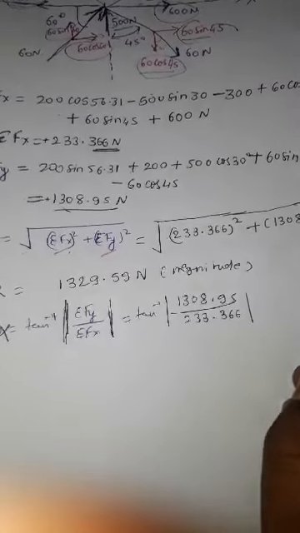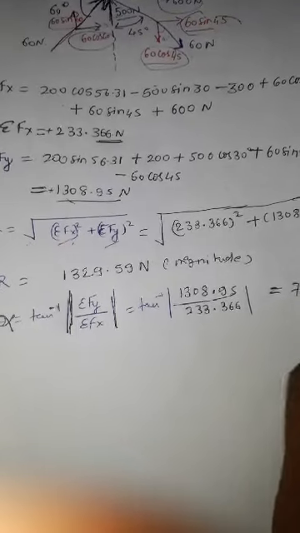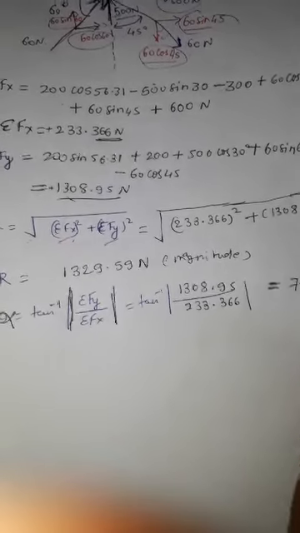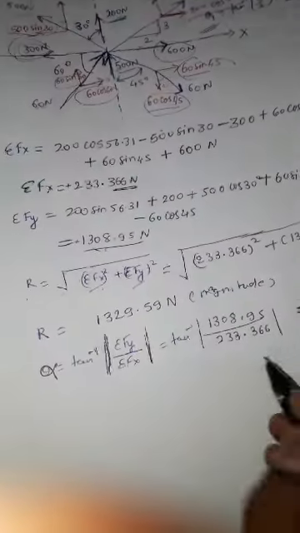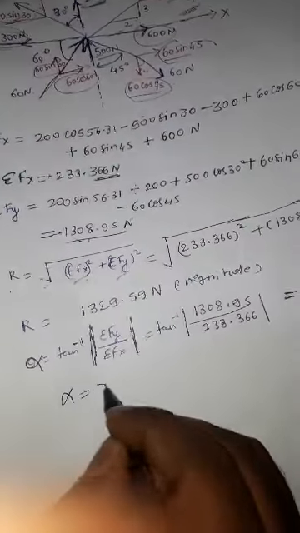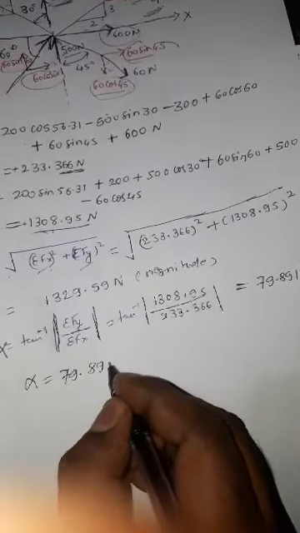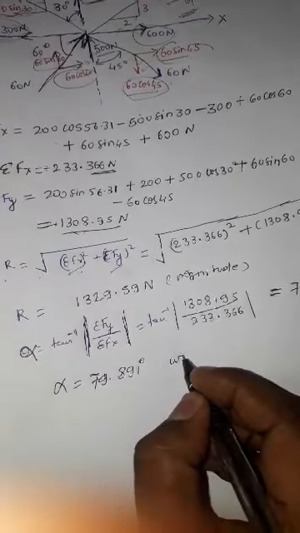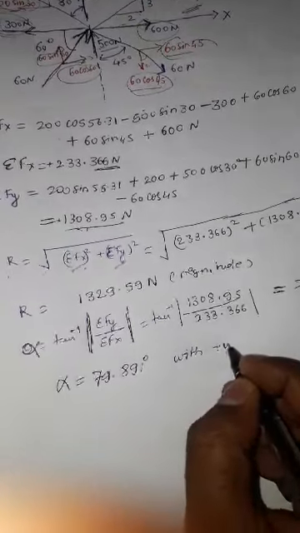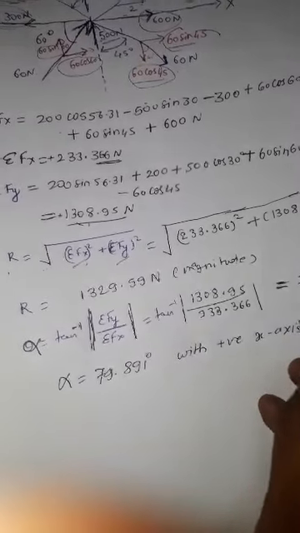I will get the alpha value as 79.891 degree. Both values are positive, so alpha equals 79.891 degree. It is the angle made by the resultant with the positive x axis.